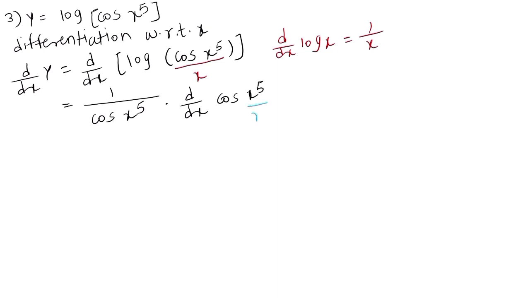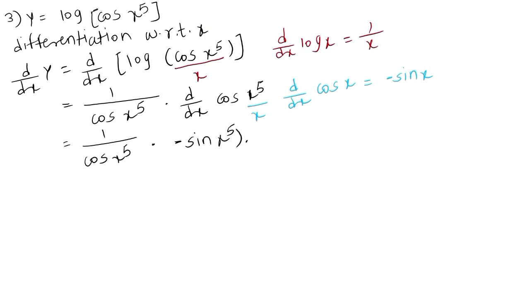Consider this cos x as x and differentiate with differentiation of cos x formula, and differentiation of cos x is minus sin x, into minus sin x raised to 5. Now we need to take differentiation of x raised to 5.